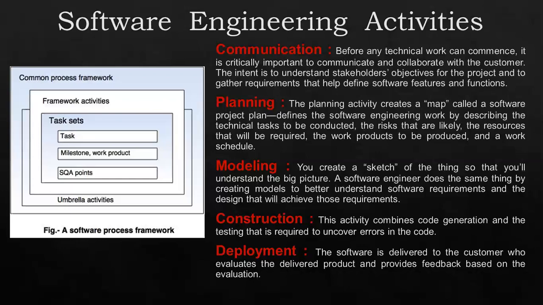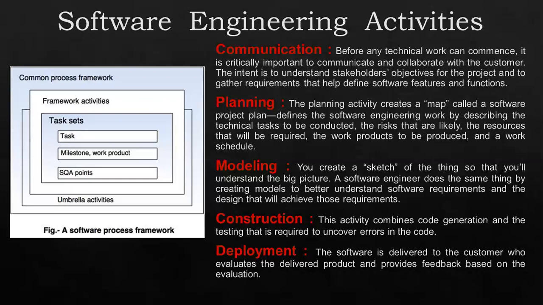Then after that we need to do modeling. Here we create a sketch of the thing so that we can understand the complete software. Software engineers do the same thing by creating models to better understand the software requirements and the design that will achieve those requirements.